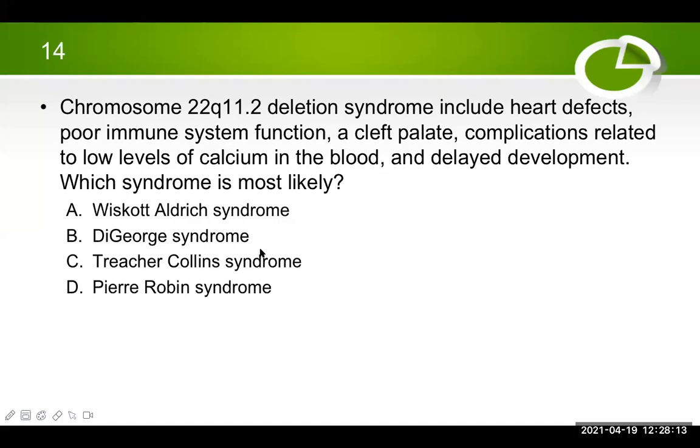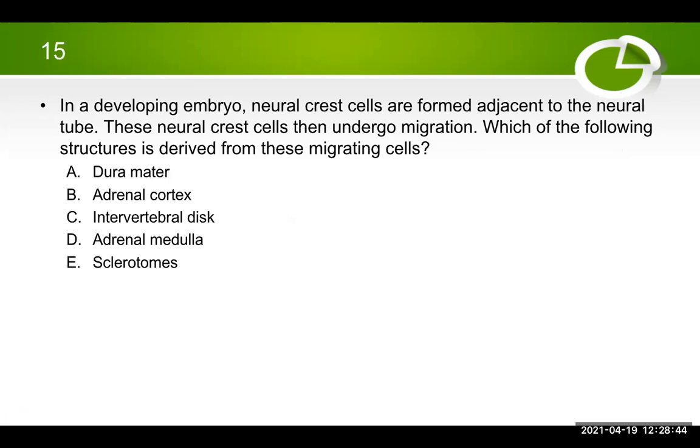And DiGeorge syndrome is associated with incomplete development of the parathyroid gland and the thymus. Because of the thymus problem, there is poor immune system function, and because of decreased development of the parathyroid gland, we have low levels of calcium in the blood, and other things occur there. If you remember it like this, it's easy for you. So DiGeorge syndrome. Now, number 15.